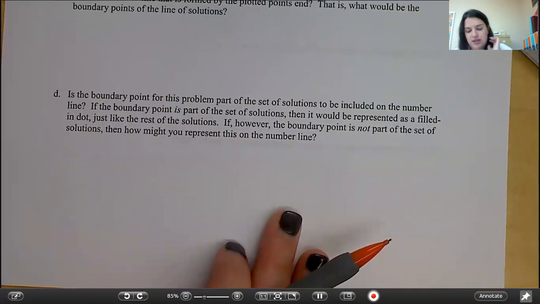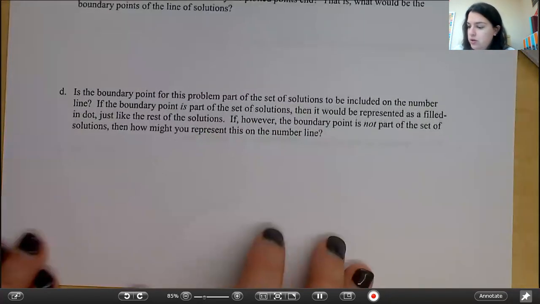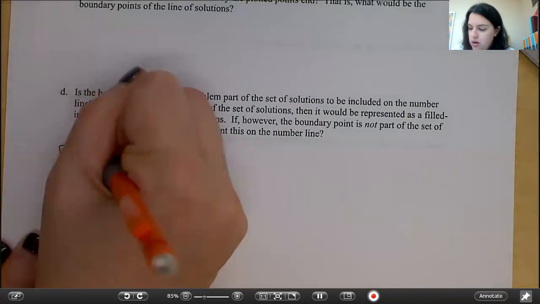Looking back at problem 7.1.12, we talked about in part D that P plus 7 is less than or equal to 241. So this does not go along with this question, but I do want to show you this. P plus 7 is less than 241.